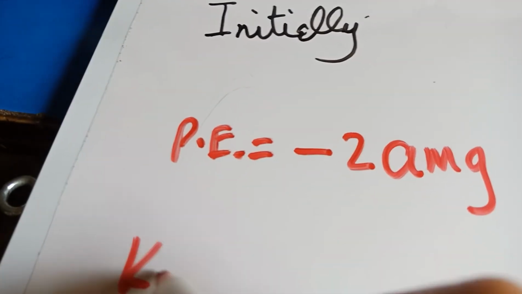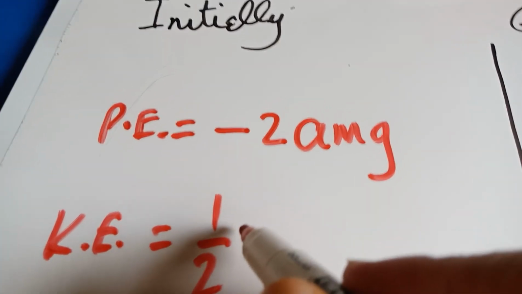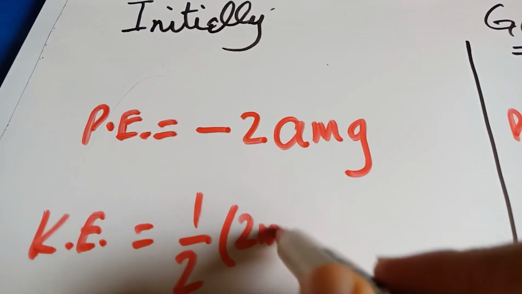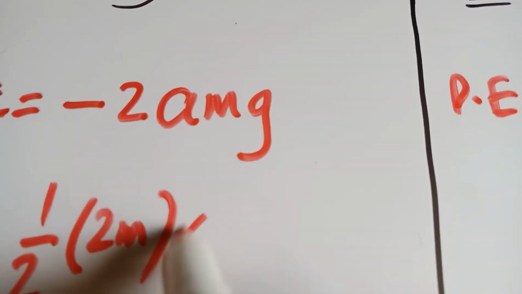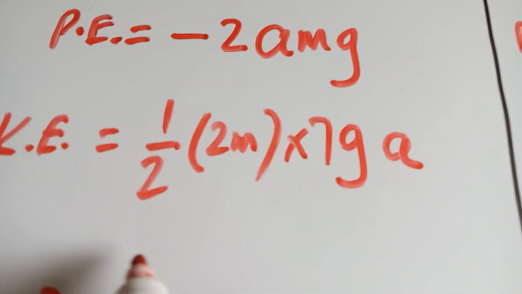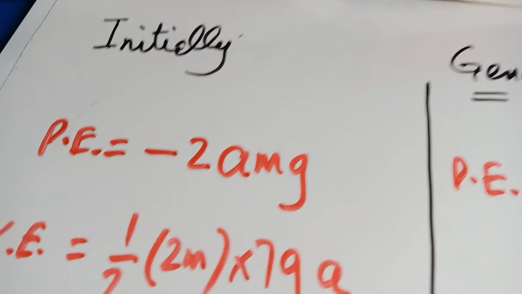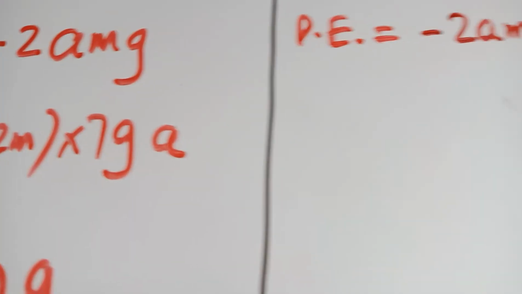Okay, initially we have the kinetic energy, that is half into m, which is 2m, and the square root of 7ga, so its square is going to give me 7ga, so this is going to be 7amg, the kinetic energy initially.